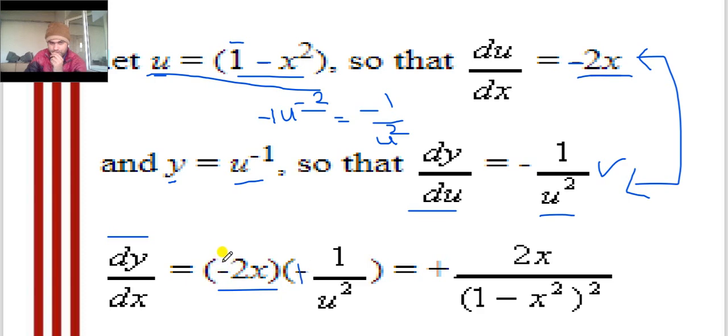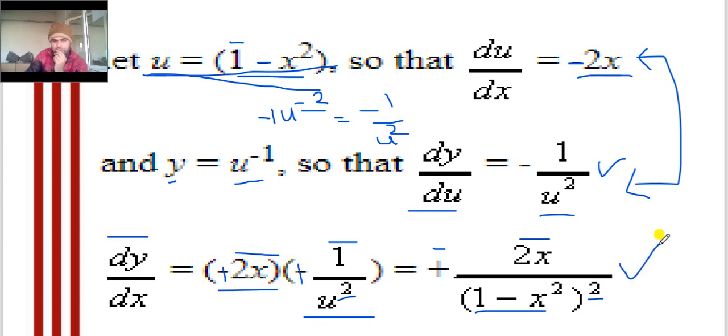This minus and this minus becomes plus, and this 2x is multiplied with 1, that is 2x, and what is in the denominator, that is u to the power 2, u square. So what is u? u is your this 1 minus x square, so we write here 1 minus x square, and its power is 2. So this is your final answer of this question.